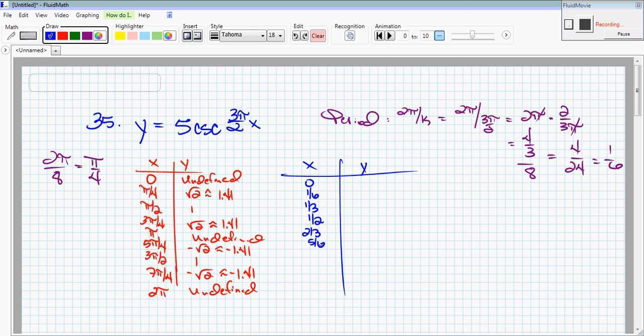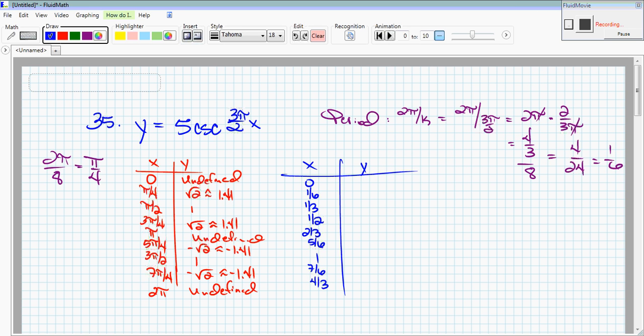Then 5/6, 6/6, which is 1. So we have 0, 1/6, 1/3, 1/2, 2/3, 5/6, 1, 7/6, and then 8/6, which is 4/3. Given that that's our period, what we've done here is correct.